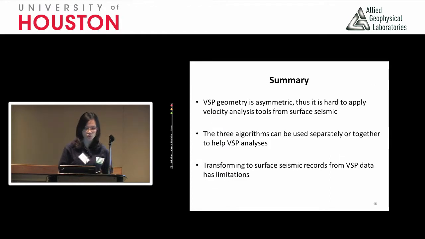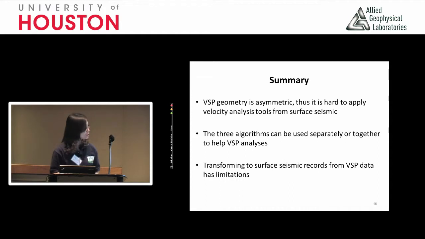So my summary is, VSP geometry is asymmetric, so it is hard to apply velocity analysis tools from surface seismic data. These three algorithms can be used separately or together to help VSP analysis. Transforming VSP data to surface seismic records has some limitations, so we need to be very careful about that.